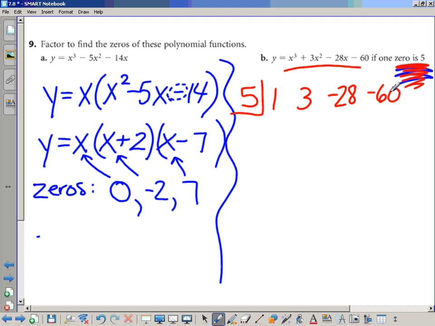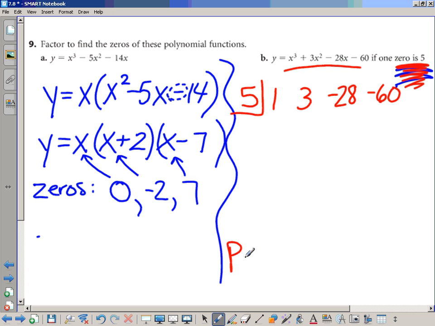Now, synthetic division is basically not division. It's addition and multiplication, and it's going to help us find the other factor of the problem. It's going to help us figure out what the other set of parentheses would be that x minus 5 would be multiplied by.